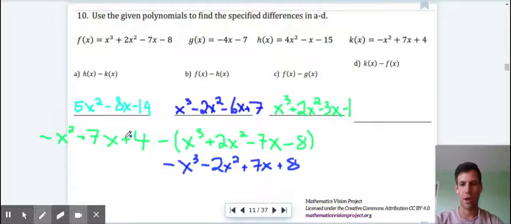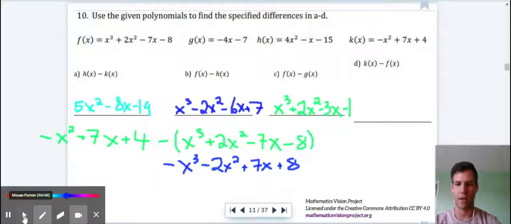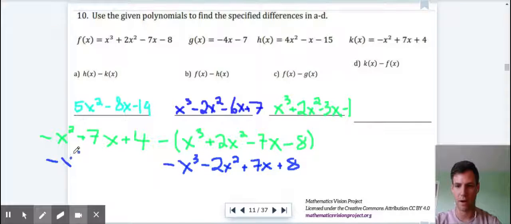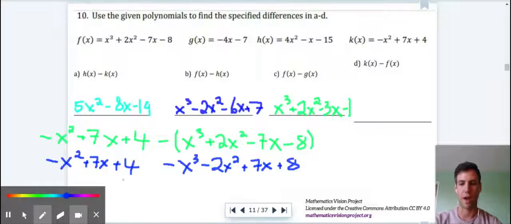And so now we're going to put all of this together and look for the common terms that we have. So we can even just put it all on the same line here. So we have negative x squared plus 7x plus 4. And all we have to do now is just combine all of the like terms together.